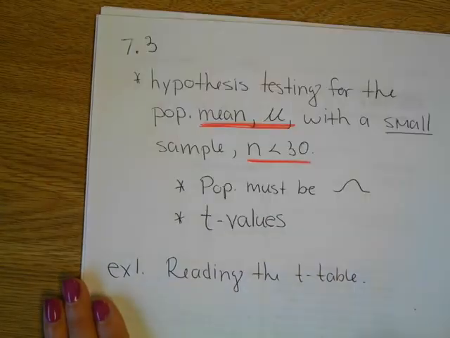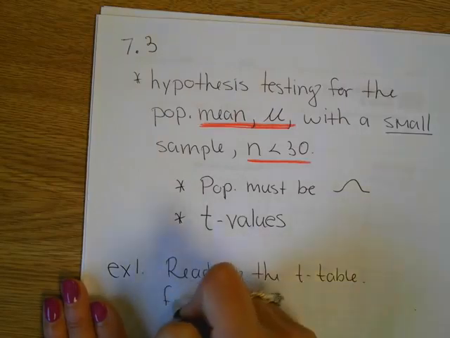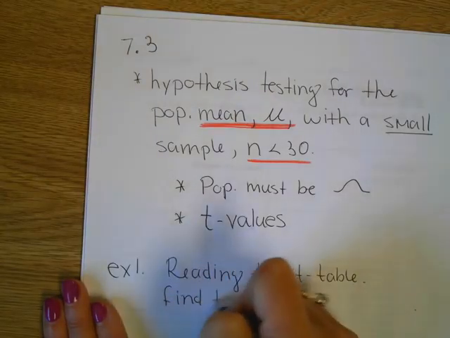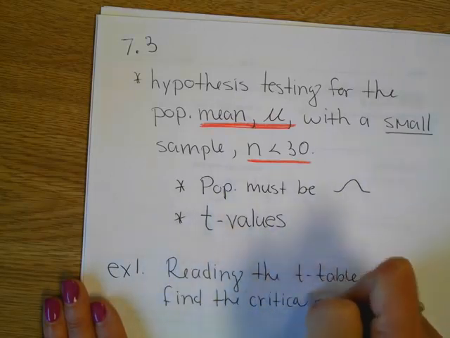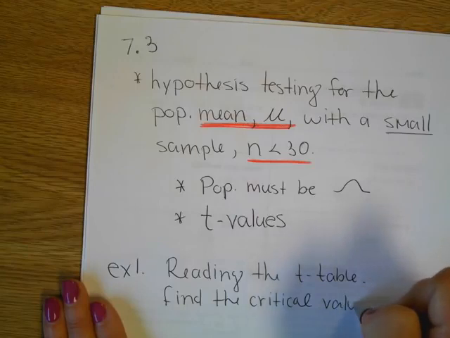The directions are going to ask you to find the critical value. That's the vocabulary term that says, oh, which table should I be using for this critical value? It's critical because it separates shaded from unshaded. So find the critical value.